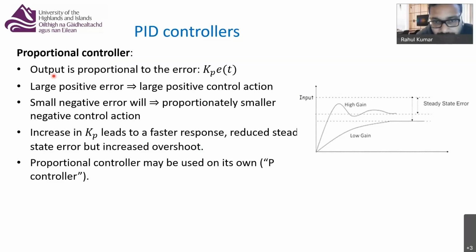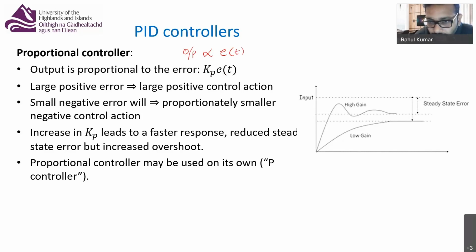As we have seen, the output of this proportional controller is Kp multiplied by the error signal. Kp is a constant that we adjust, or calculate the value of, and basically the output is proportional to your error.